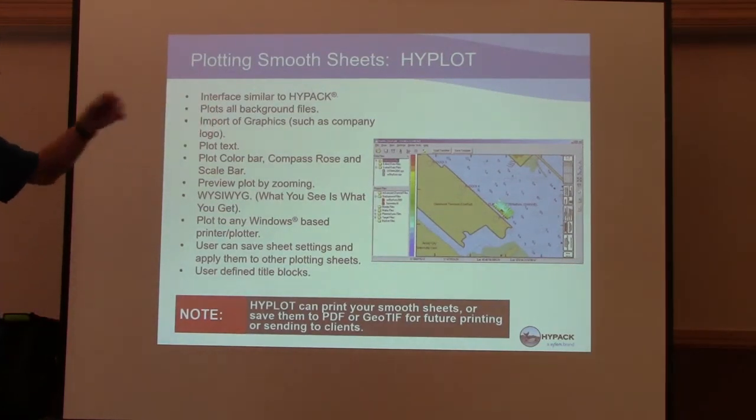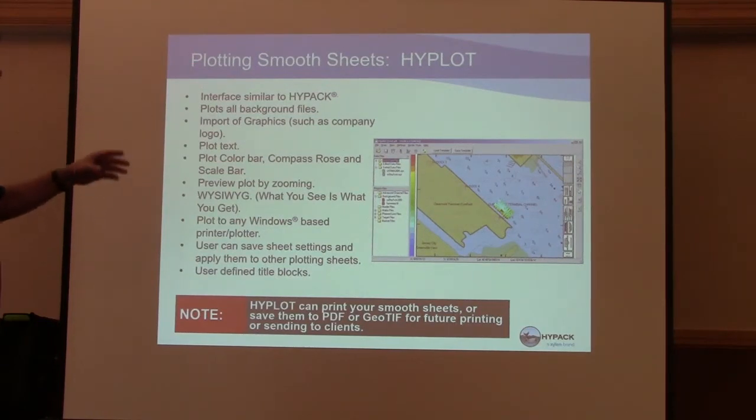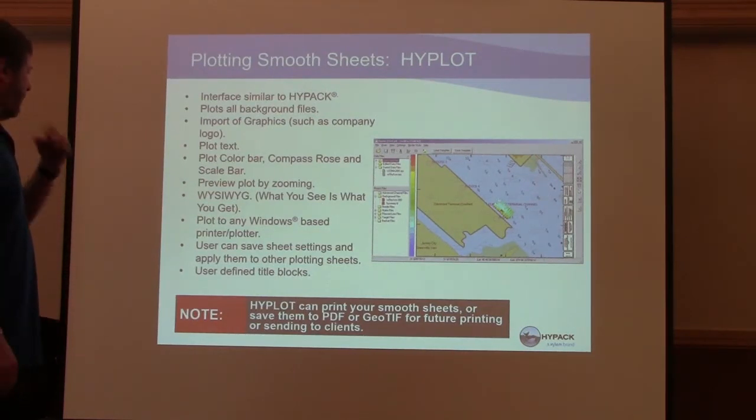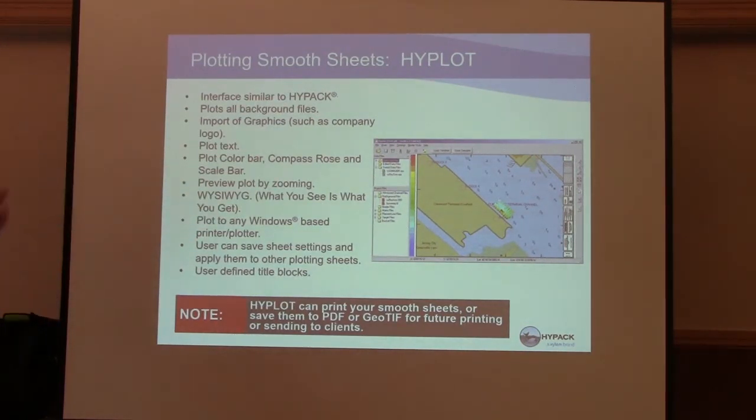You can zoom around on the screen, just make sure everything's set the way you want. If you want to fine tune, maybe you move the compass rose to a more exact spot, you can do that. What you see is what you get. Plus any Windows-based printer or plotter, but I think most people now just plot directly to PDF. We have our own internal exporting to PDF, TIFF file, and I think DXF that are enabled right now.